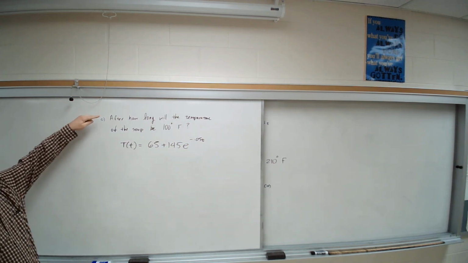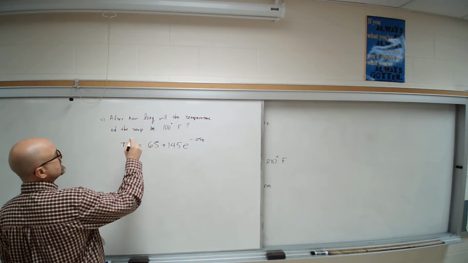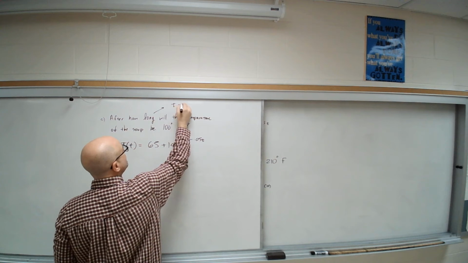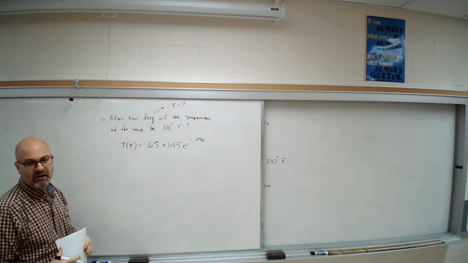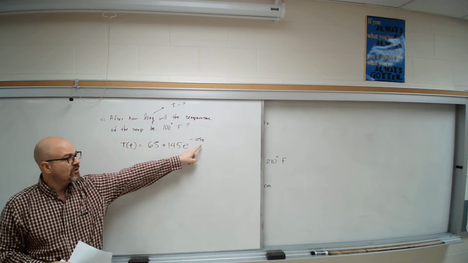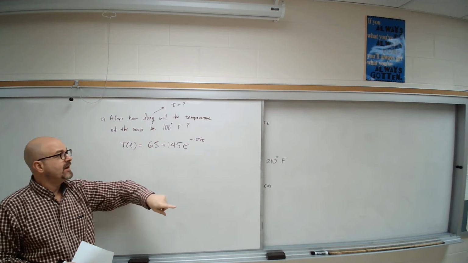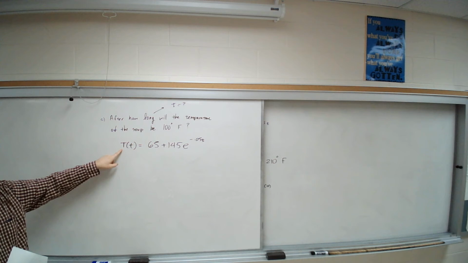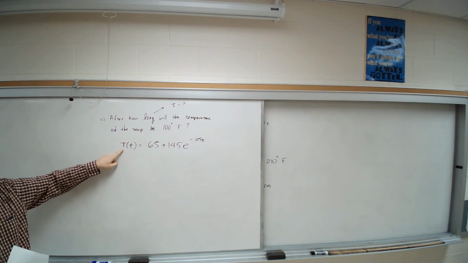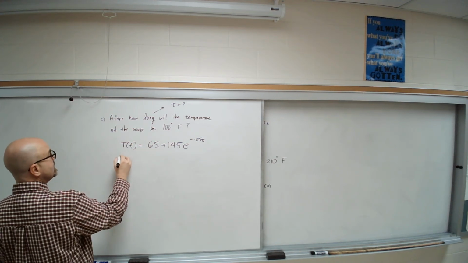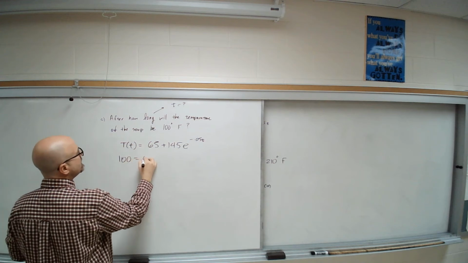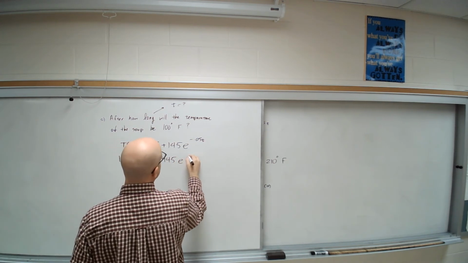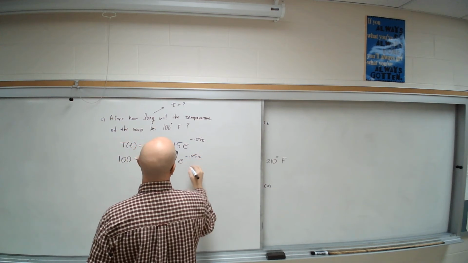So since it's asking us how long, that tells us that t, lowercase t, is going to be our unknown, right? So that's what we're going to be solving for. And the temperature of the soup at some later time would be 100. So we get 100 equals 65 plus 145 e to the negative 0.05 t.